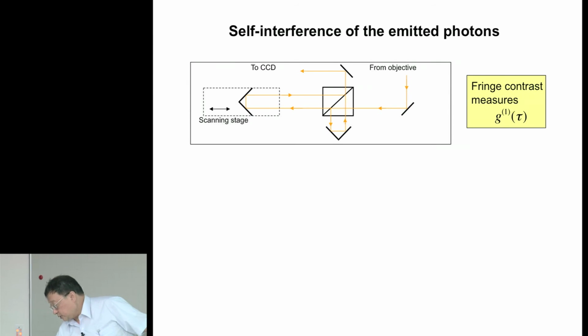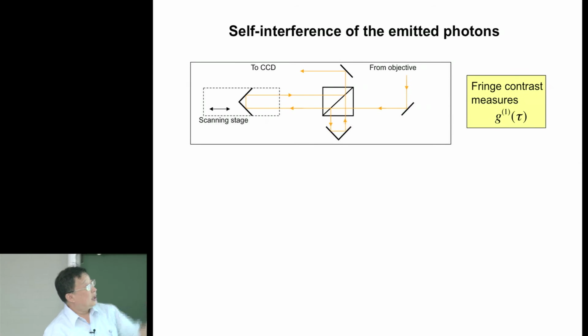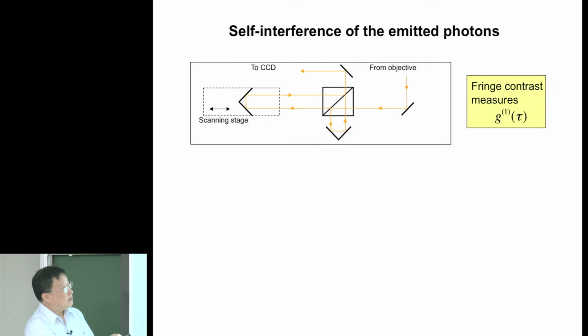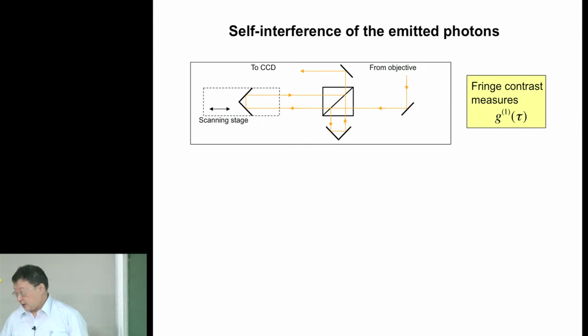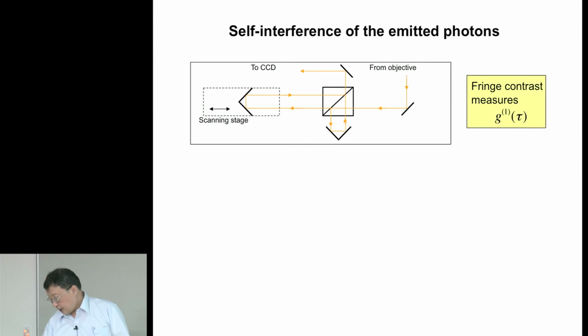We take the emitter coming out, then we split them, then we have the other stage, then it becomes self-interference. Then we will see the interference, okay, and that fringe contrast is what we usually call the first order correlation function.